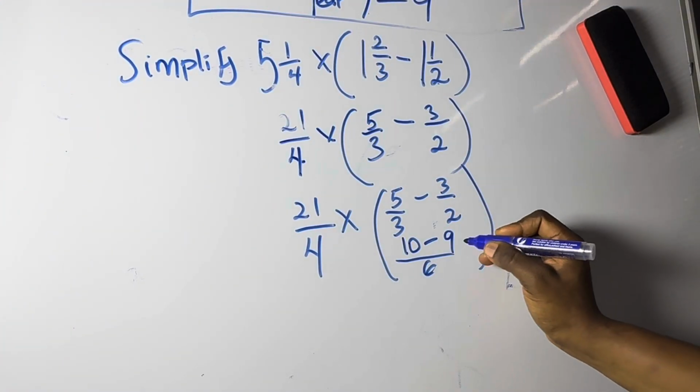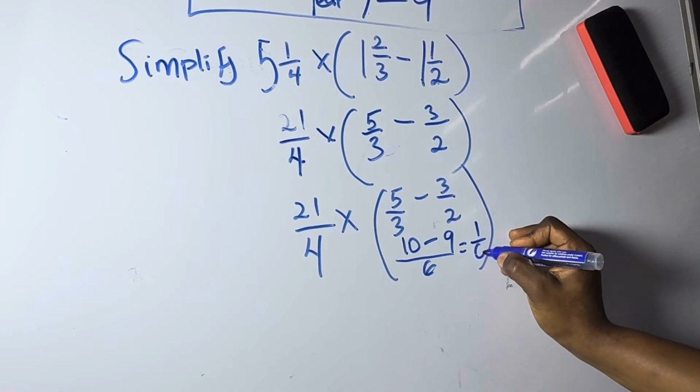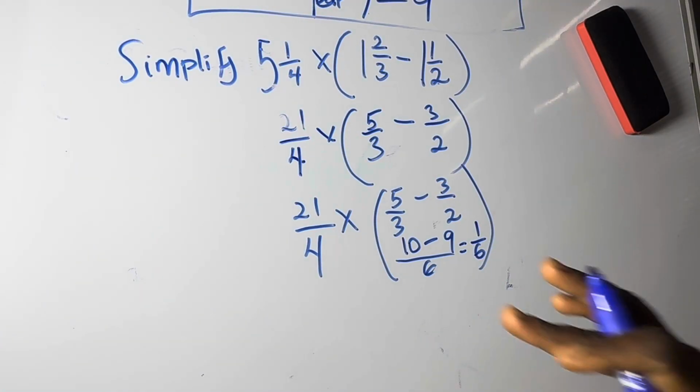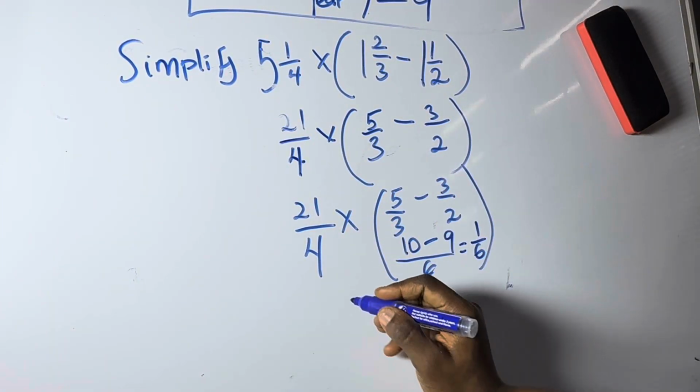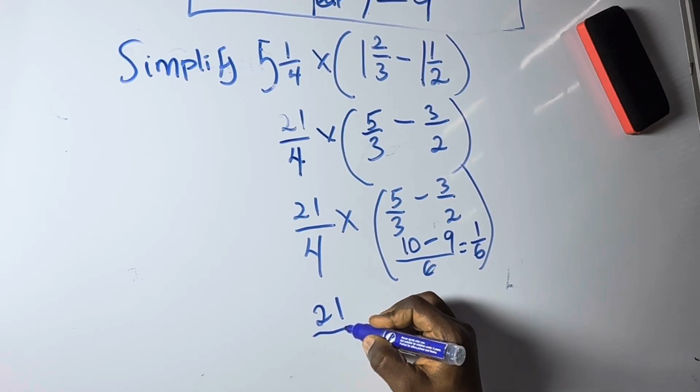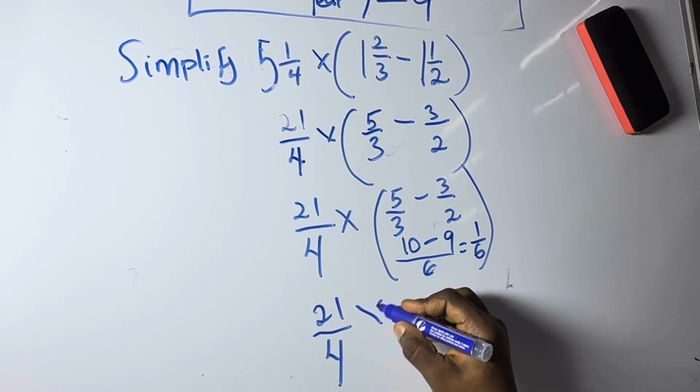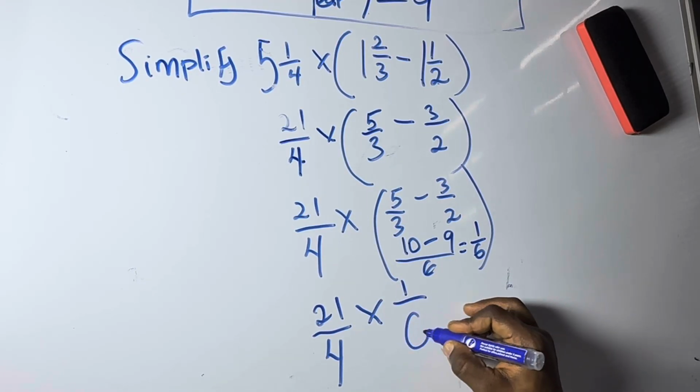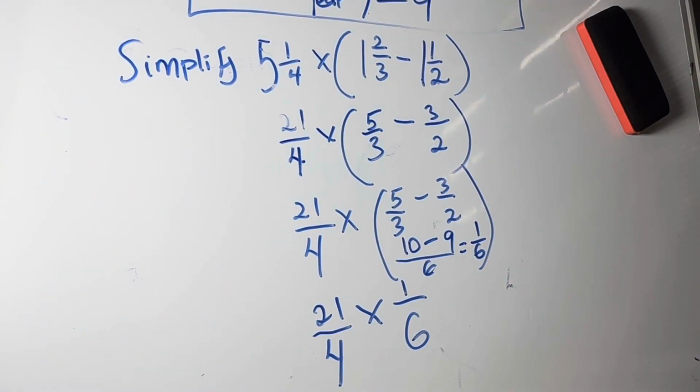So here we have 1 over 6. Now, I can now open the bracket by saying 21 over 4 multiplied by 1 over 6, which is equal to what?